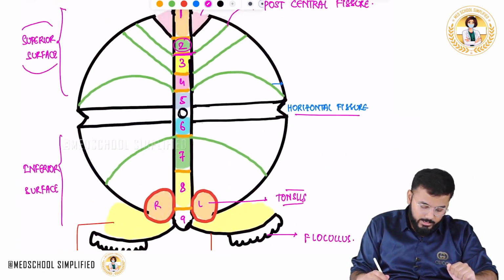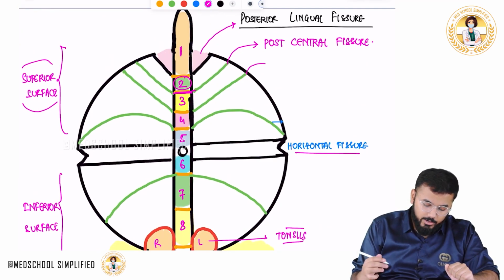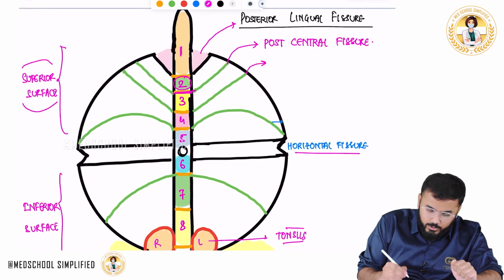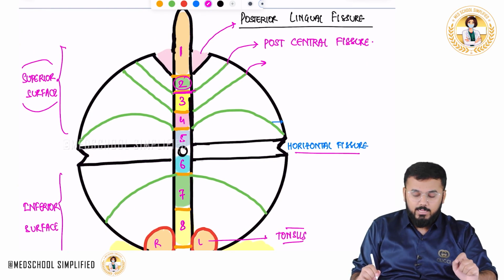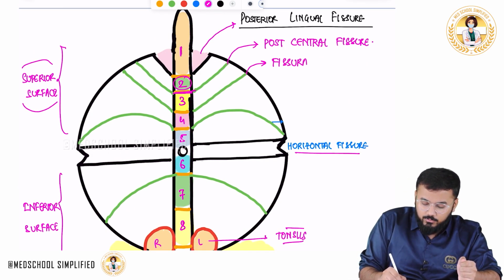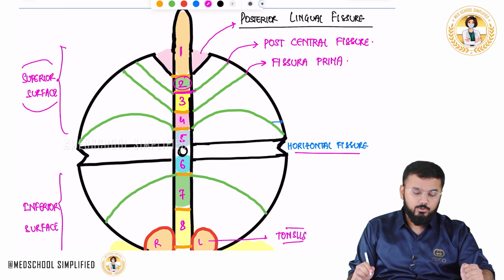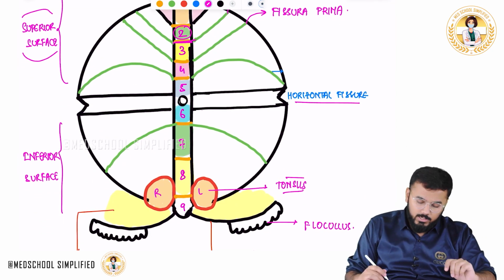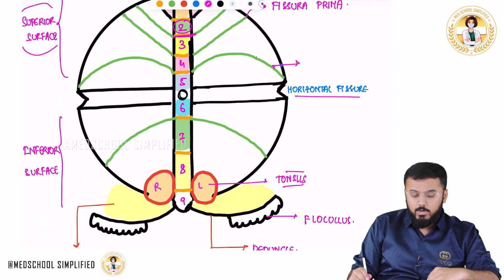After the post central fissure, the third important fissure, which you can see over here, is called the fissura prima. Once fissura prima is done, what is the next fissure called?